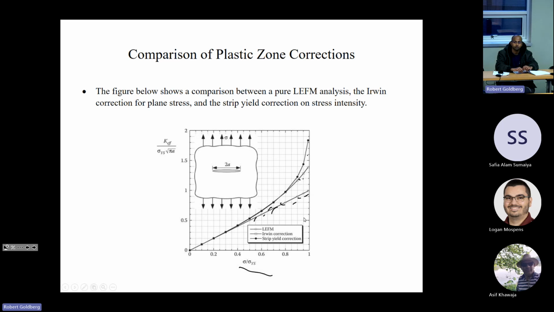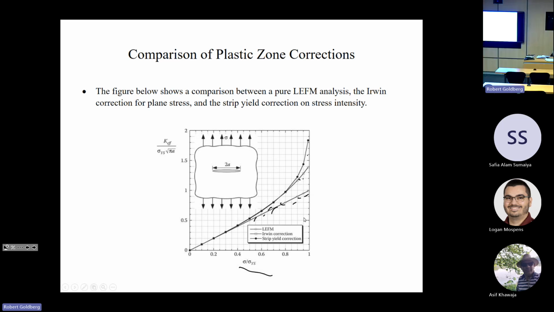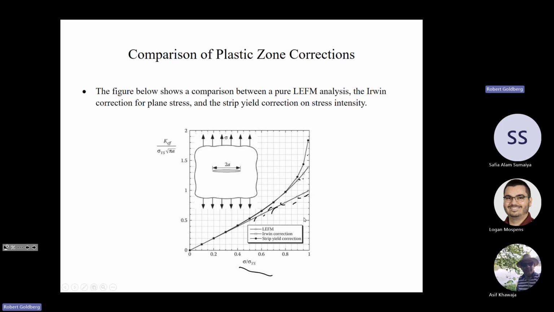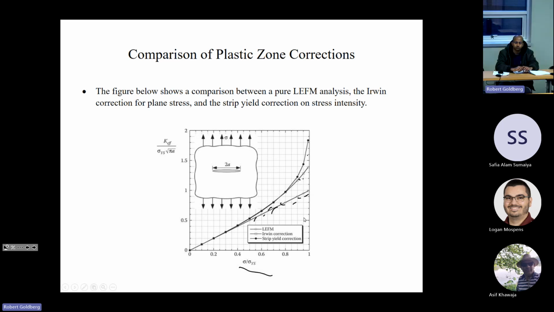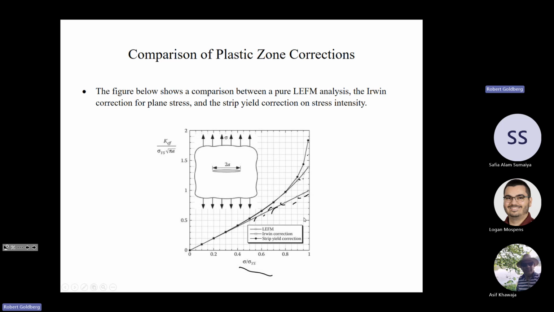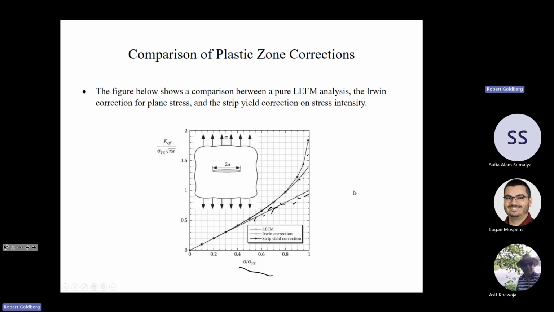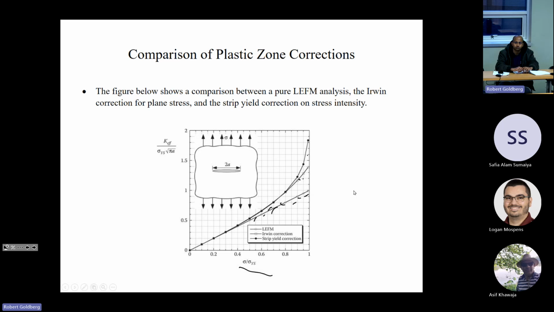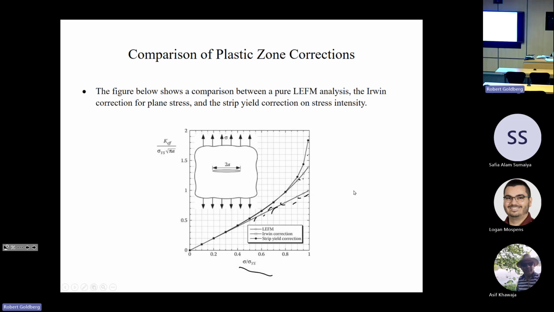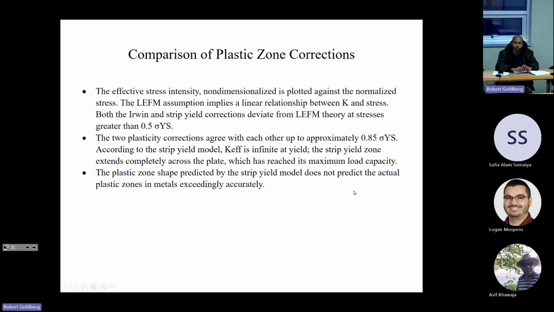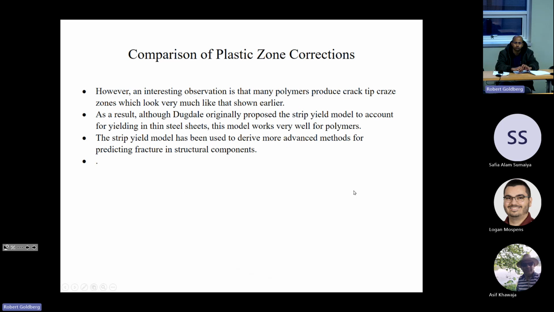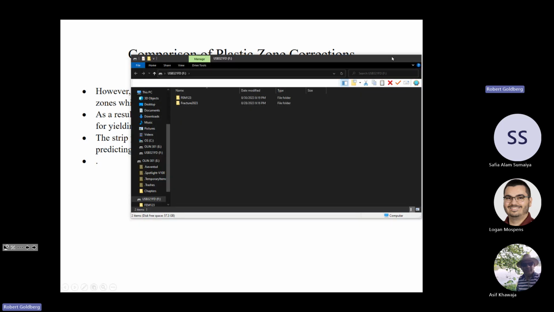The strip yield model was originally developed to account for yielding in thin steel sheets, but for polymers and some other materials this method works pretty well, which is interesting, that sometimes methods work very well for cases for which they were not designed. Even though it may not do an ideal job at very high stresses, the strip yield model has been the basis of more advanced methods that have been developed for predicting fracture in structural components.